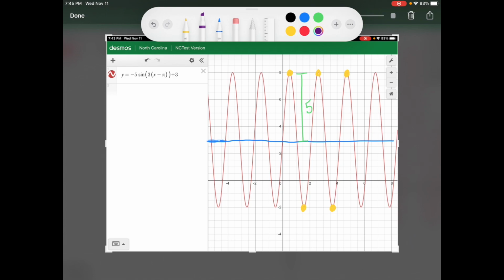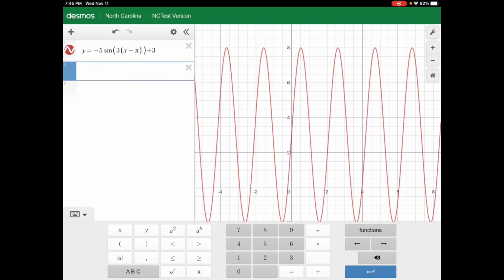If I look at my one wave, it goes up and we come back. When we're looking at that one wave, that one shift, that is my 2 pi over 3. Okay, so if I go back to Desmos, 2 pi divided by 3 is going to be approximately 2.09.